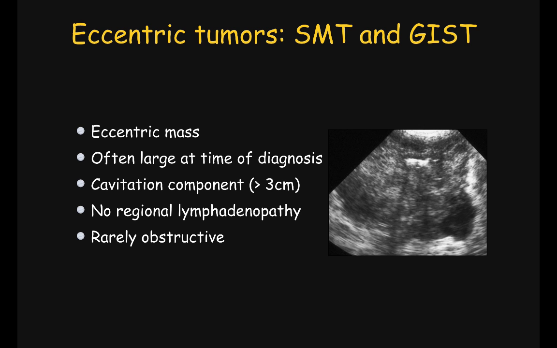They often are quite large at the time of the diagnosis and tend to have a cavitary component, especially if they are more than 3 centimeters in diameter. Unlike the previous tumor we discussed, these tumors don't have a tendency to have regional lymphadenopathy, and they are also rarely obstructive.